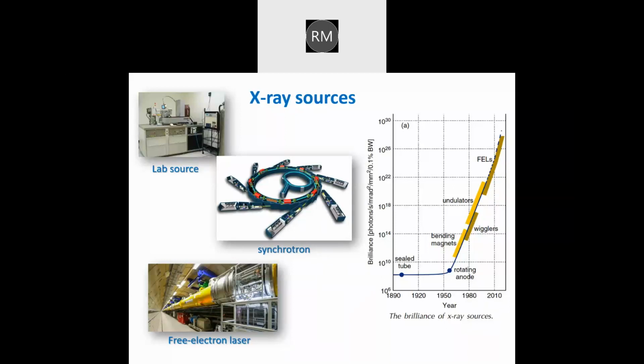Another is the brilliance or flux of X-rays. How many photons per unit time is what we call flux. And the wavelength or energy is what kind of energy the X-rays have. This lab source produces a certain wavelength or energy of X-rays, but has very low flux, low brightness.